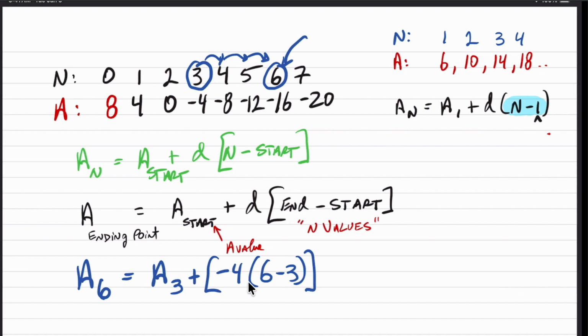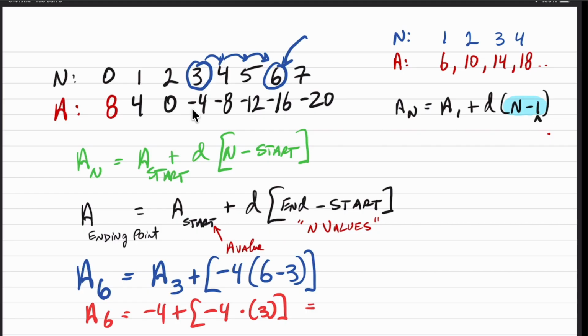Okay, let's complete the math here. Our a sub 6 value, which is what we're looking for, is going to equal the amount at a sub 3. Not n equals 3, the amount at position 3. That's going to be negative 4. And to that, we're going to add negative 4 times 3.